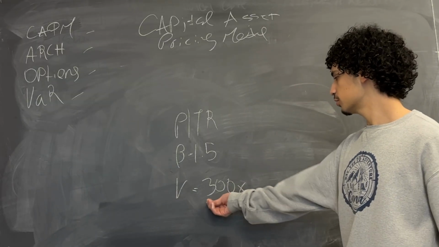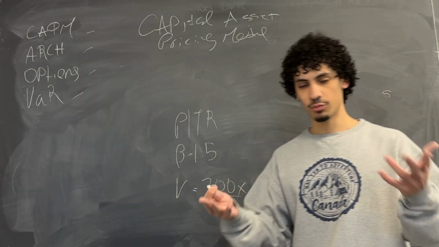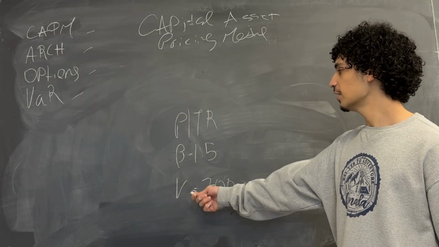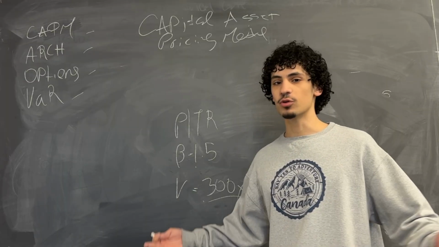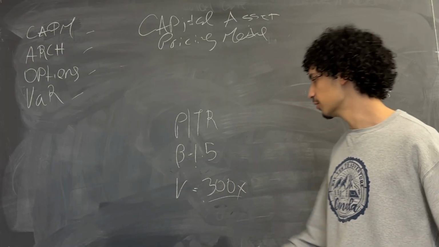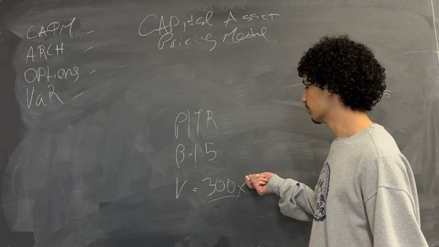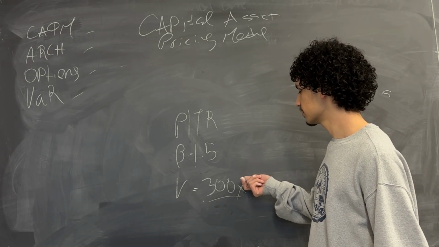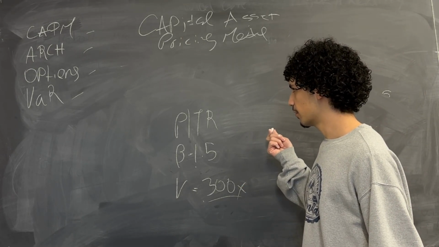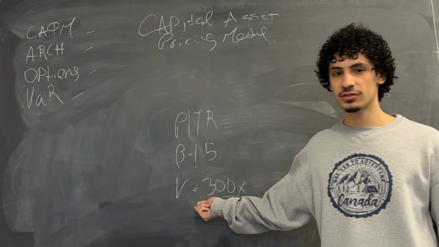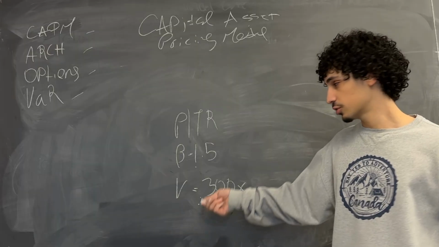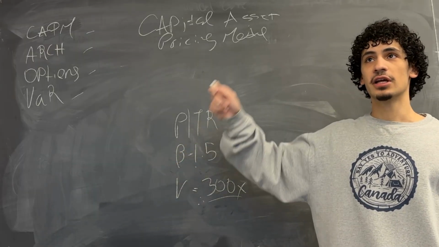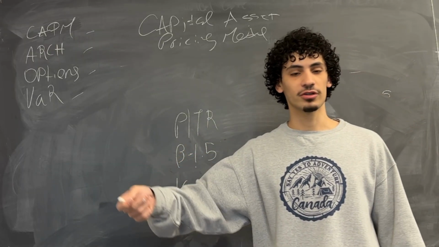The important thing to distinguish is that the valuation multiple and the risk multiple are very different. The 300 is based on the stock's price to earnings ratio, and the beta is based on its volatility in connection to the market.